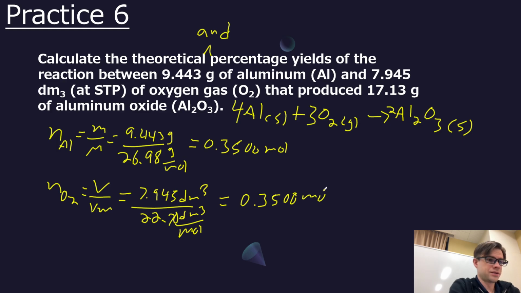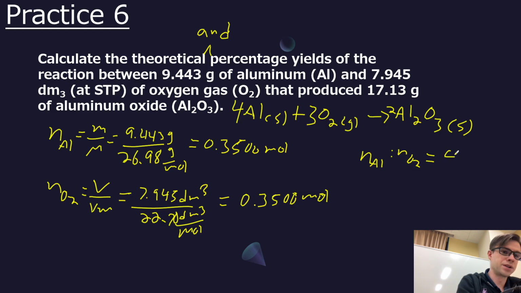So you might look at this and say, oh, there's equal amounts, so there's no limiting reagent. Not true though, because our balanced chemical equation no longer has 1-to-1 ratios. It's 4-to-3 for aluminum to O2. So the moles of aluminum to moles of O2 is equal to 4-to-3. So what can we say about that?